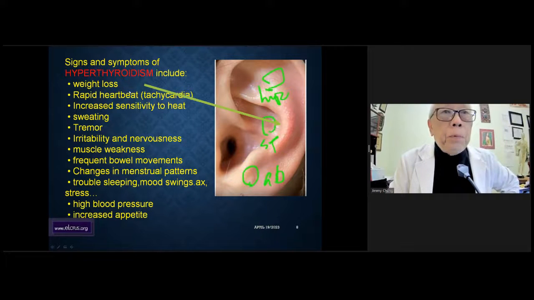The problem of this thyroidism, the diagnosis with this kind of problem, is that all those symptoms are non-specific. All the post-diagnosis are maybe non-specific too. So it's very confusing.